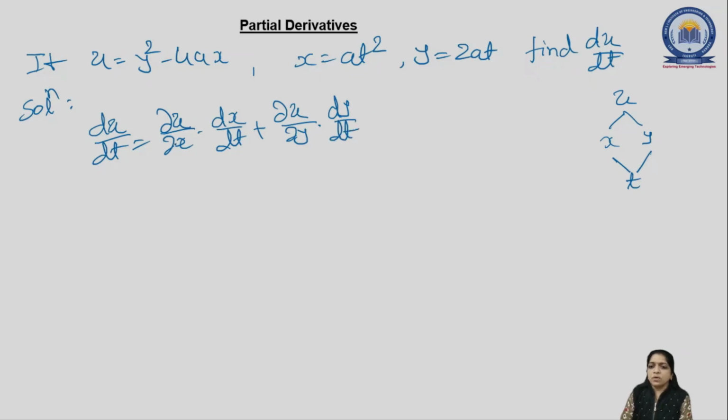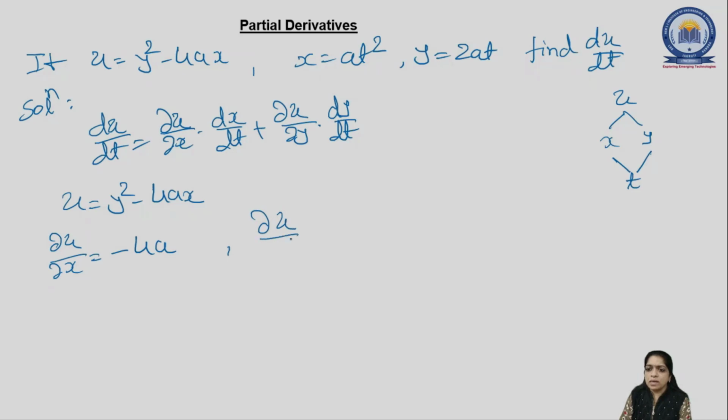Now, first we want to find out the partial derivative of u with respect to x. Our u is y square minus 4ax. So del u by del x is minus 4a. And del u by del y, the partial derivative of u with respect to y, is 2y.